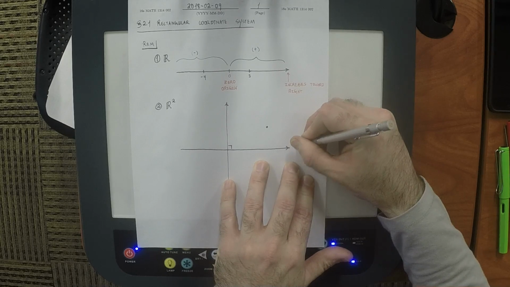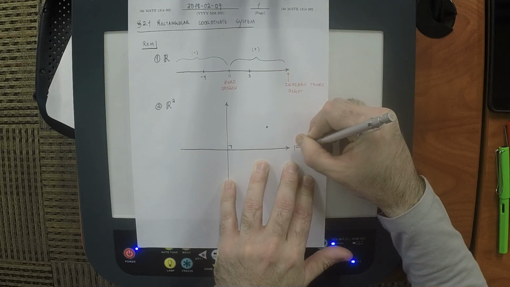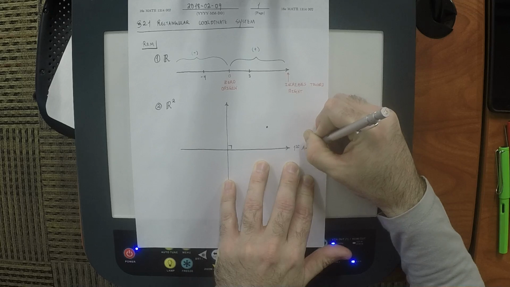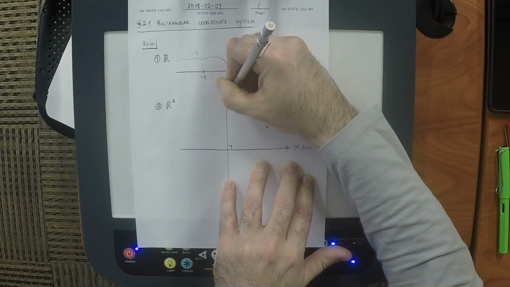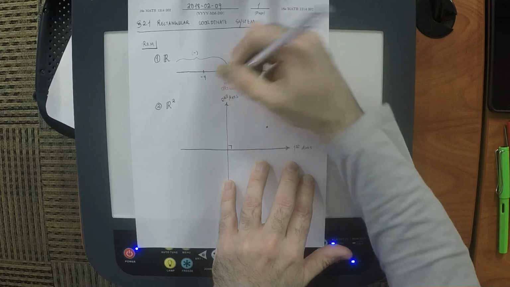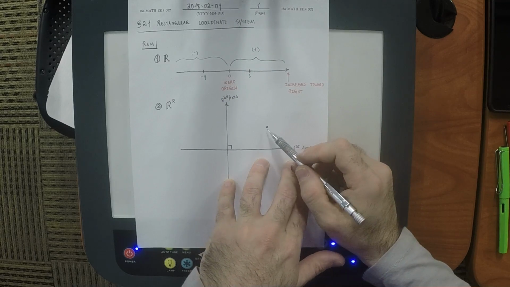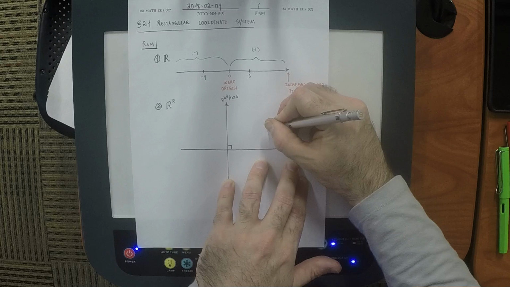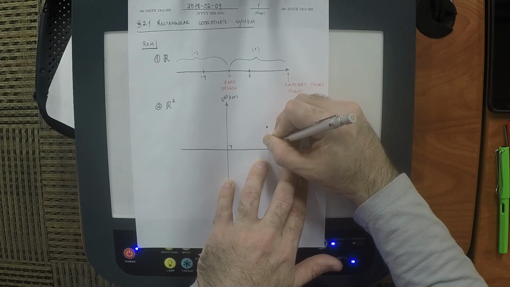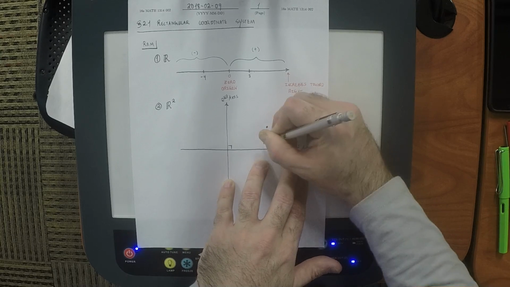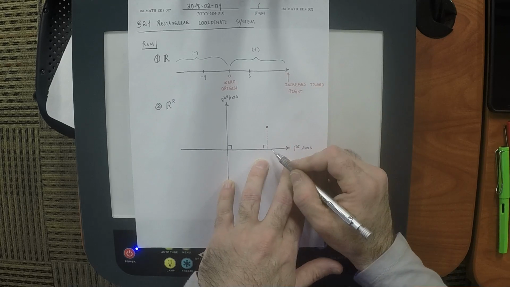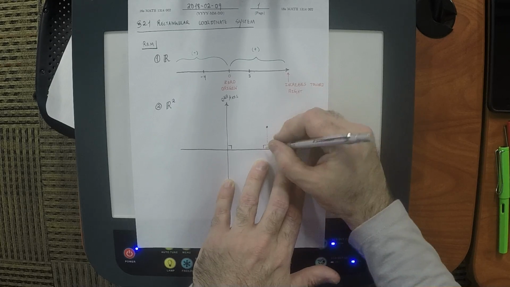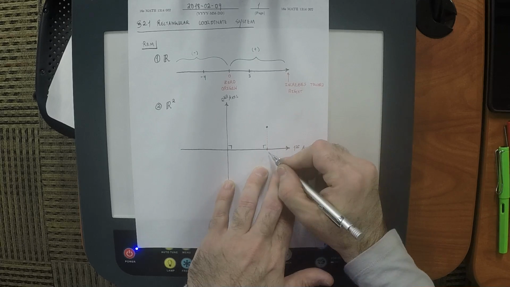The horizontal axis is the first axis, and the vertical axis is the second axis. To name this point, we will drop this point down to the first axis, so that this is a right angle. Now that indicates a point on the first axis, and we can measure it.